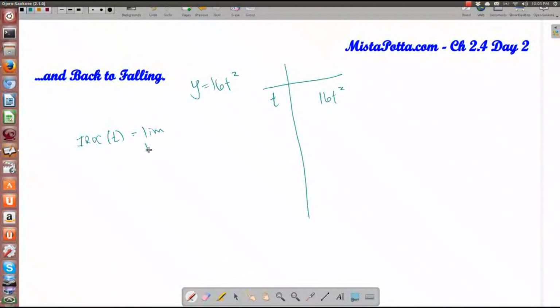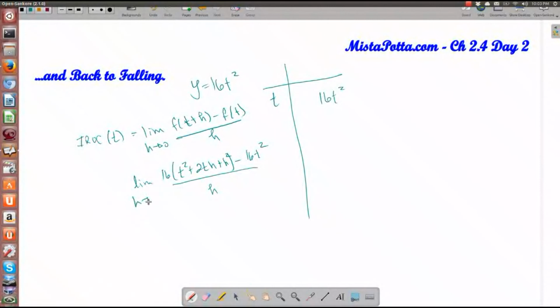This is actually a function of t, because this limit as h approaches 0 of my difference quotient is really dealing with f of t plus h minus f of t over h. t is a variable, but I can still do that same binomial expansion, 16 times t squared plus 2th plus h squared, minus 16t squared, over h, and see what happens as h goes to 0.